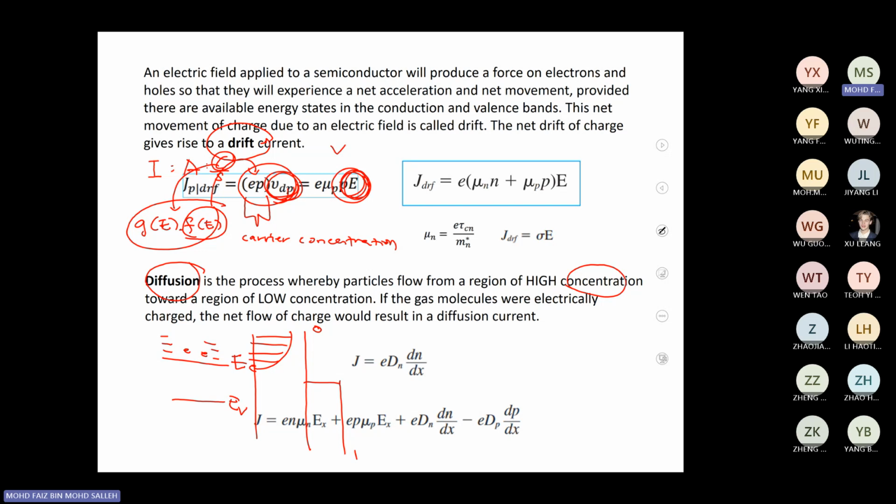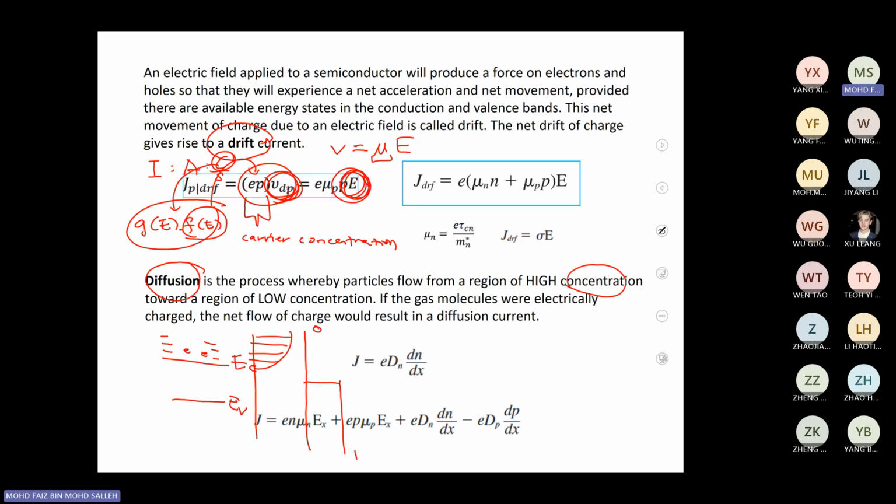So this speed, the drift velocity, which is the average velocity of the electron, is proportional to the electrical field that we apply to the material, with some constant. And that constant we define as the mobility: how mobile the electron can move inside the material.